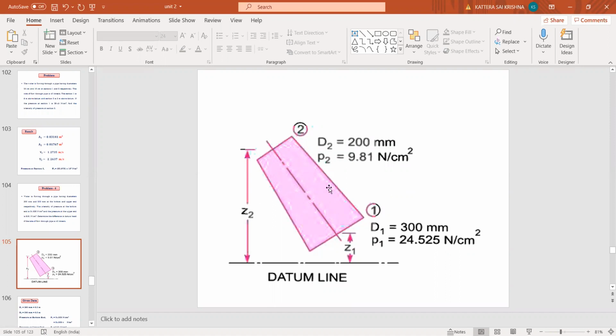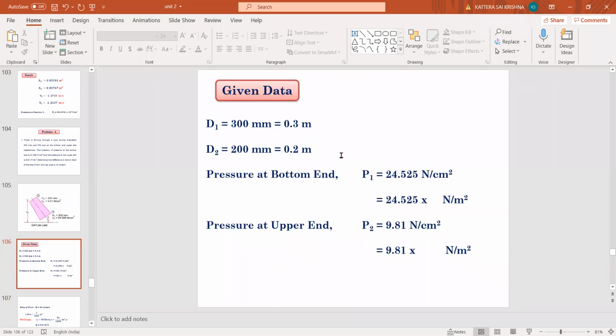Just inform me after copying this diagram. Completed, sir. Okay, now we need to take the given data.